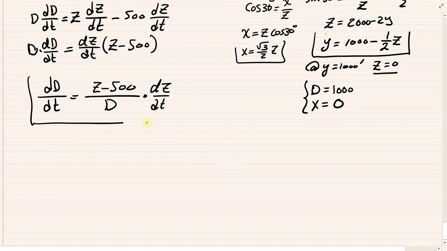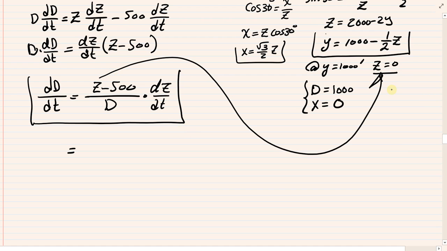Now we're going to make this work for specific details: for the instant the aircraft, or the plane, is directly above the radar. So let's plug that in. Z is going to be 0 at that point, when the aircraft is directly above the radar.